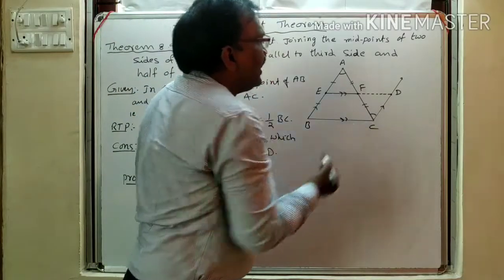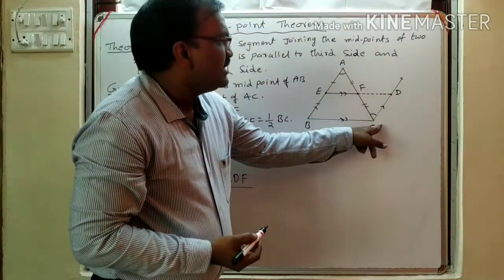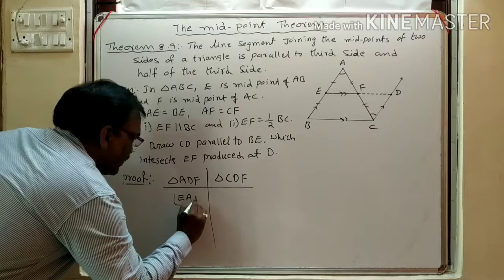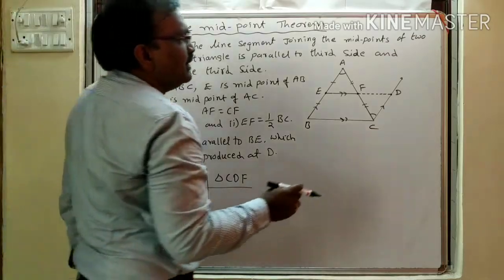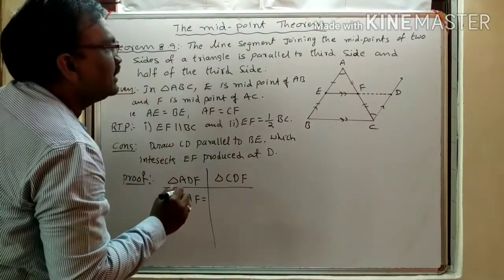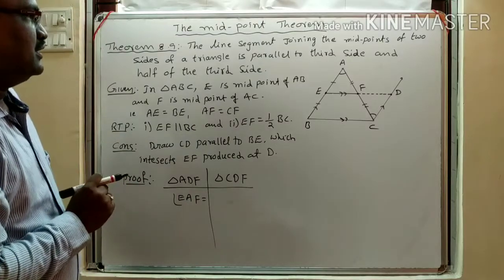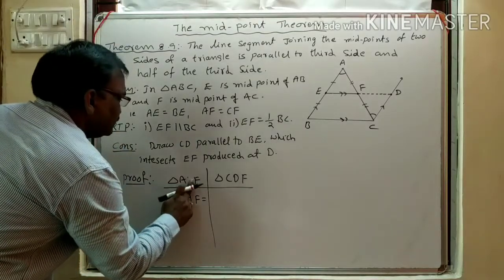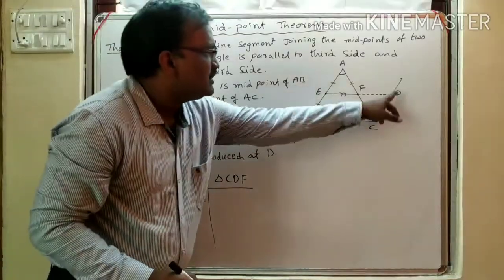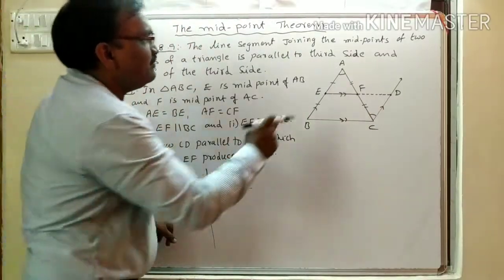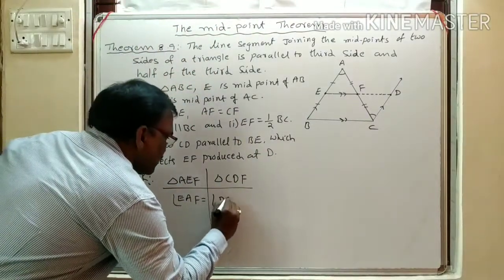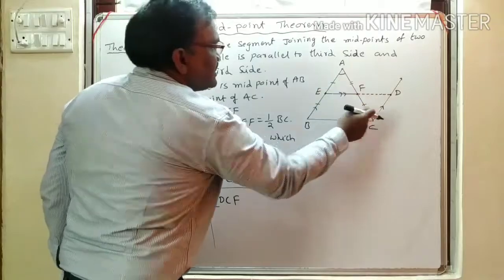Therefore, these two angles are equal, alternate interior angles. So angle EAF is equal to angle DCF.